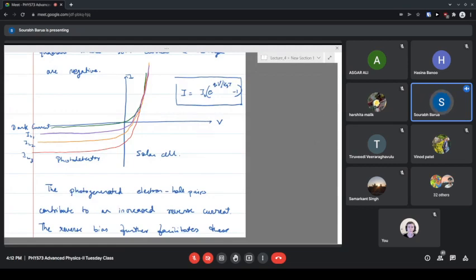The electrons generated in the p-type region, and the holes generated in the n-type region, can easily flow to the other side across the junction. That will lead to a reverse current, against the normal forward direction of current flow in a diode.